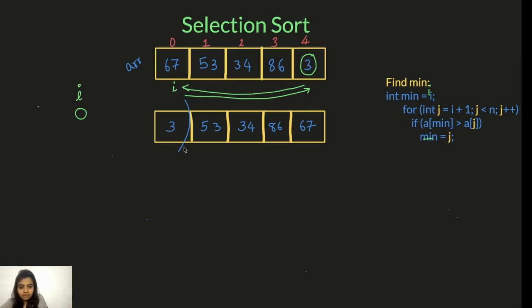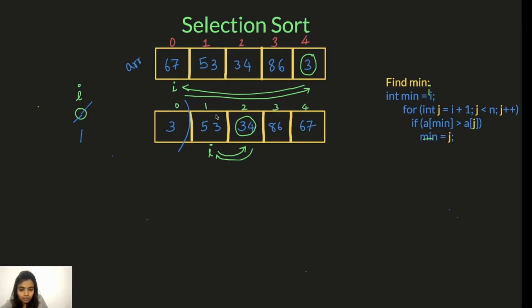Okay, so now I becomes 1, we increment I. Now I comes over here. Now what we do is find the minimum in this part of the array. What is the minimum in this part of the array? It is 34, right? So we just swap it with this ith index, which is 1. So the indices are 0, 1, 2, 3, 4.